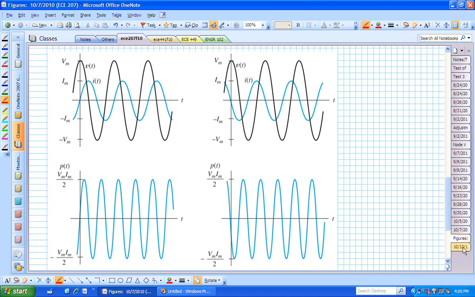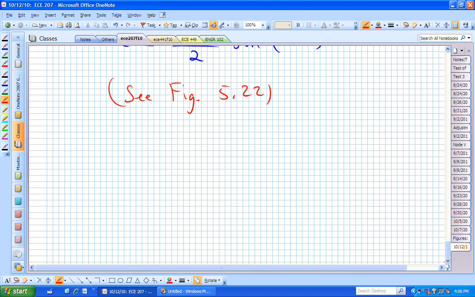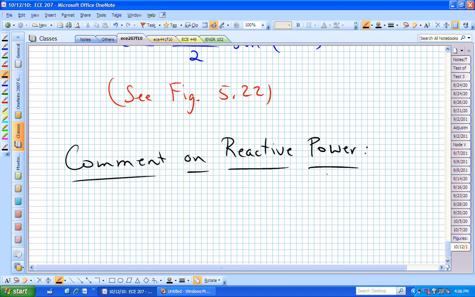Let's make some comments on what we've learned by just analyzing alternating current power in these 3 circuit elements: resistors, capacitors, and inductors. And in particular, let's just comment on this new thing that seems to be coming into the picture when we start looking at inductor and capacitor power. That now gives us reactive power.